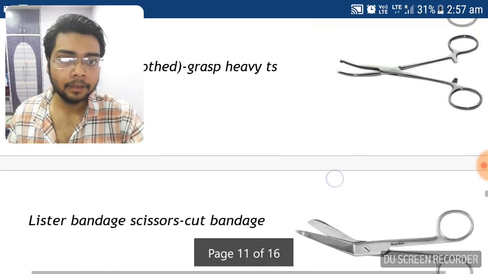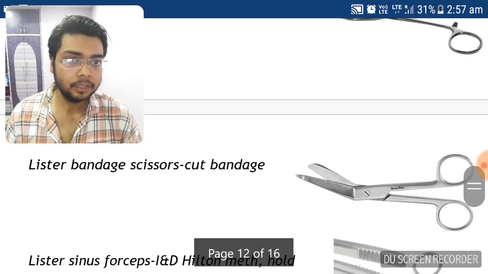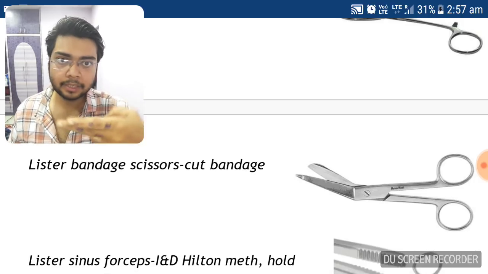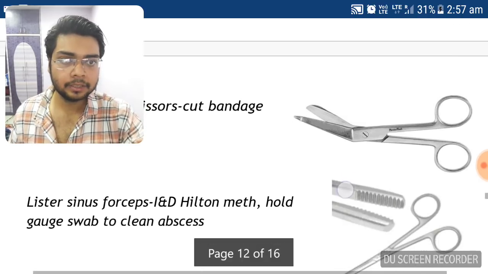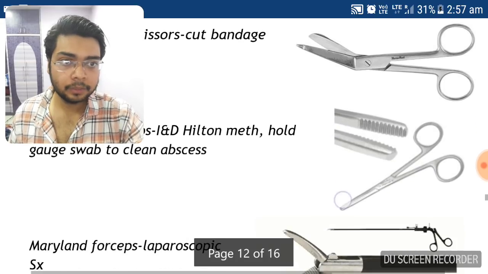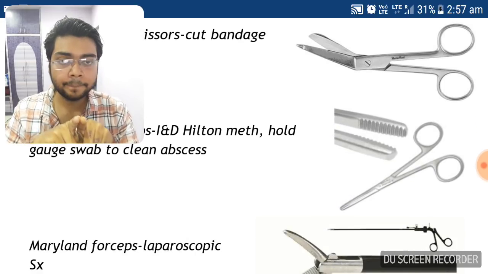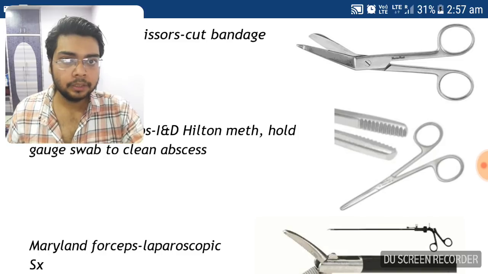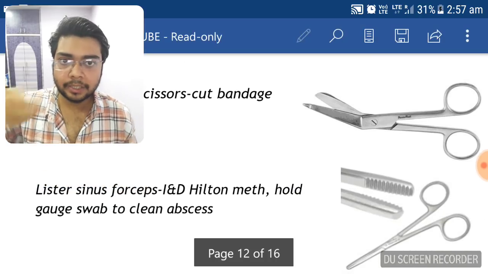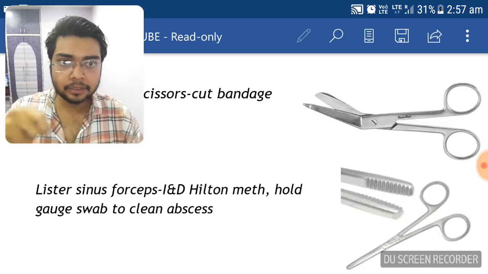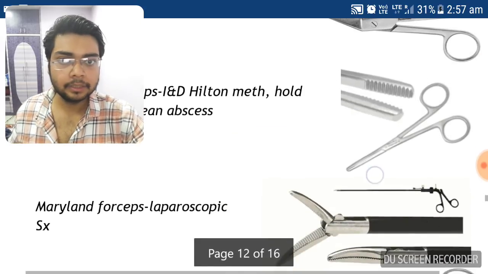Now Lister's bandage scissors, for cutting the bandage, it has a curved end. Lister's sinus forceps. This is a very beautiful, long and sleek instrument to explore or clean the abscess and do the incision and drainage by Hilton's method.